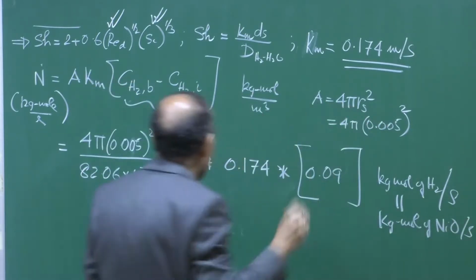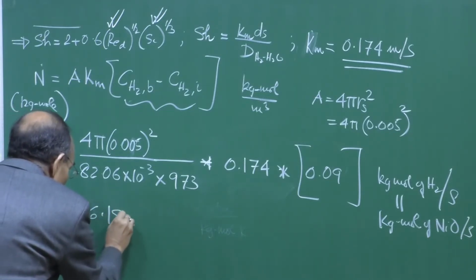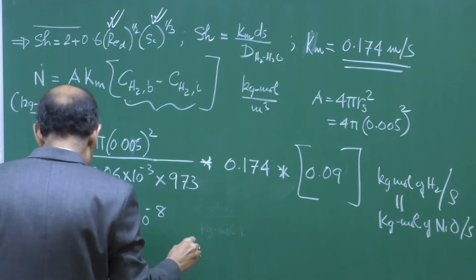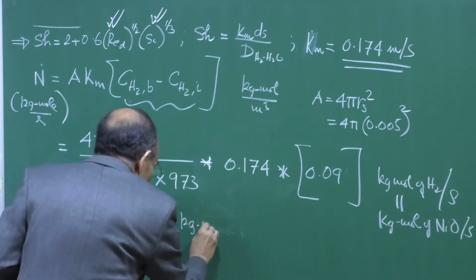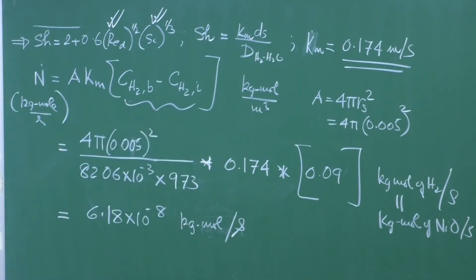So, that is essentially the rate of reaction, and if you substitute the values, you get an answer which is 6.18 into 10 to the power minus 8 kg moles per second. And you can convert it, of course, into kg of nickel oxide by simply using its molecular weight.